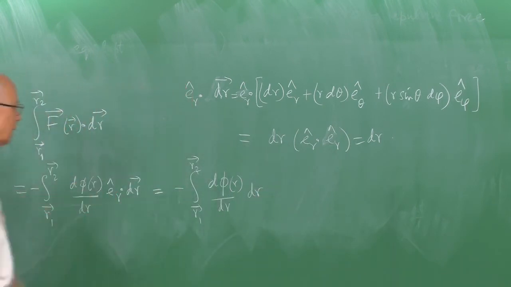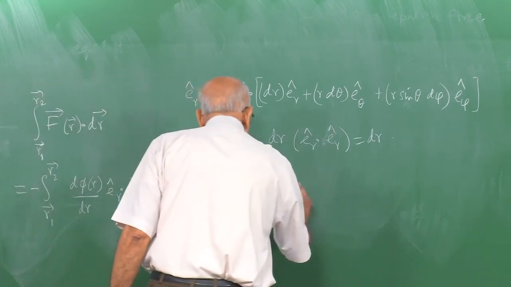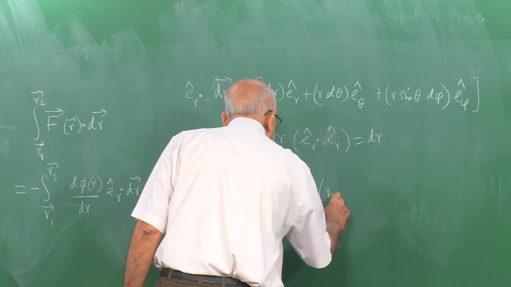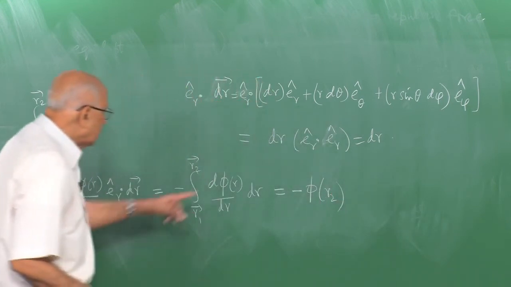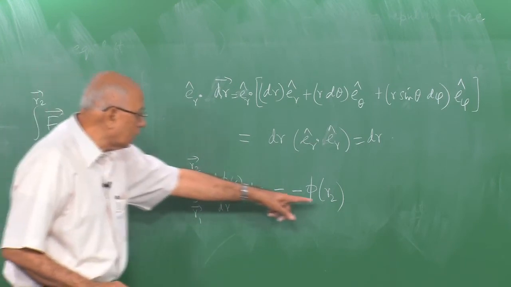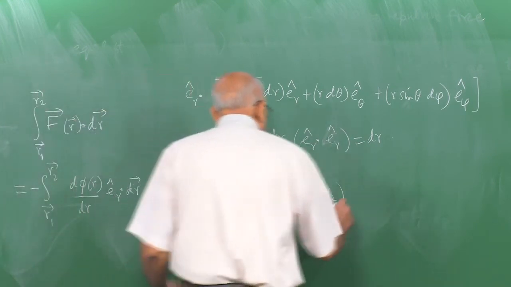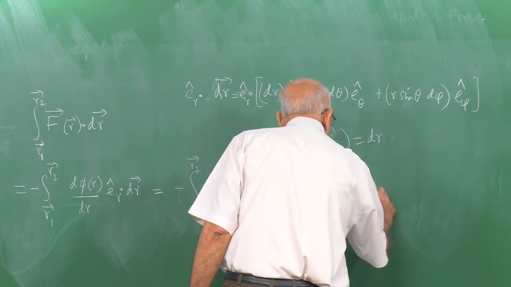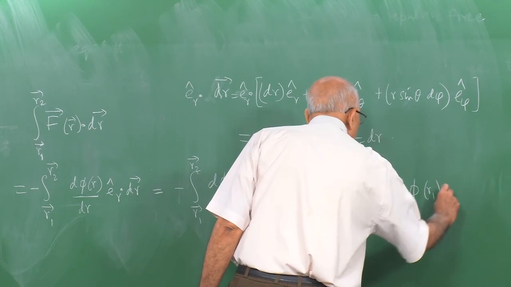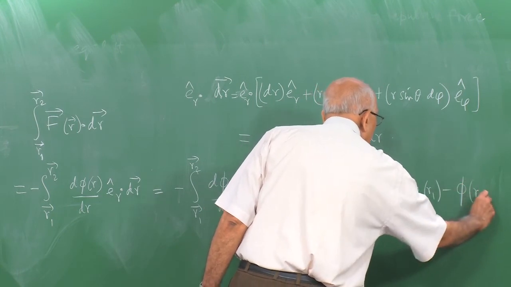And that's a simple integral to do, because this is minus phi at the point r2. But now this is a function only of the distance of any given point, and therefore it's only r2 without a vector symbol, plus phi of r1, which is equal to phi of r1 minus phi of r2.